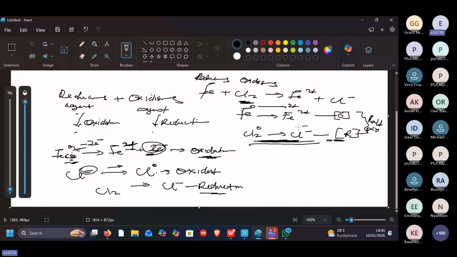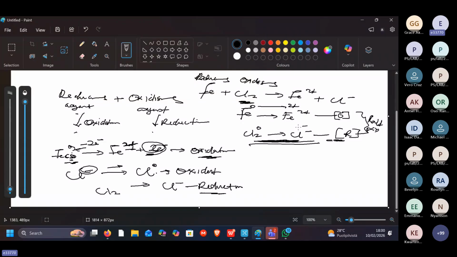Otherwise, in a redox reaction, we have one species which is losing and another species which is gaining. The species causing the oxidation to happen is the oxidizing agent, and the species causing the reduction to happen is the reducing agent.